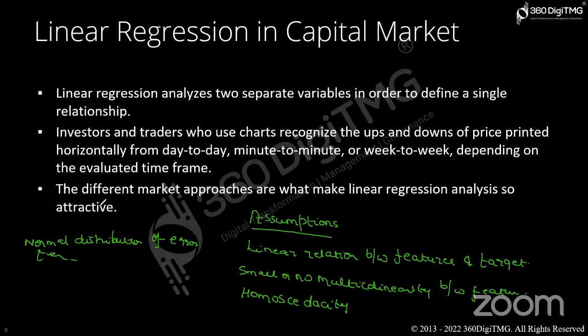If error terms are not normally distributed, then confidence intervals will become either too wide or too narrow, which may cause difficulties in finding the coefficients. It can be checked using your QQ plot. If the plot shows a straight line without any deviation, it means the error is normally distributed.